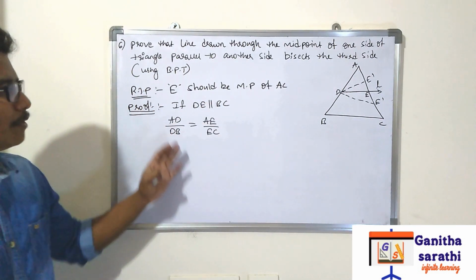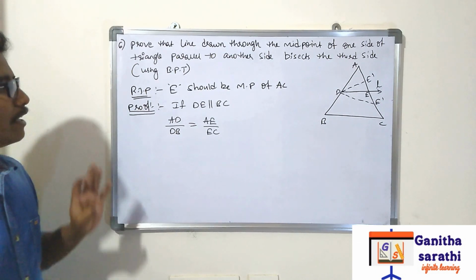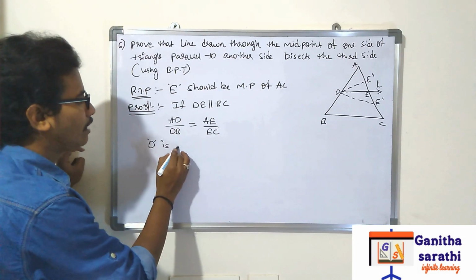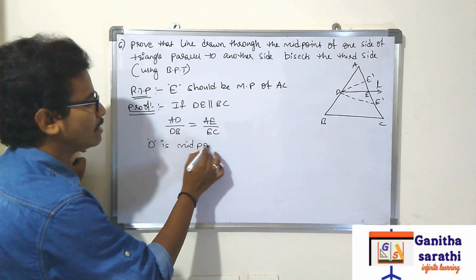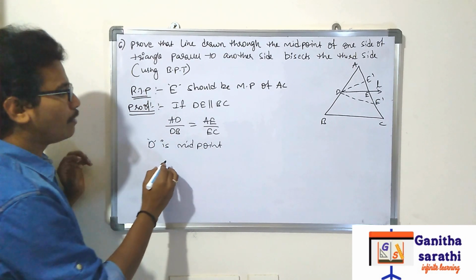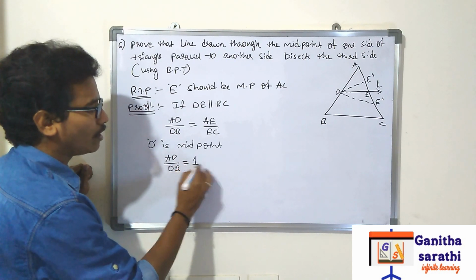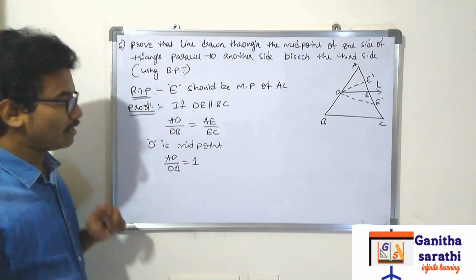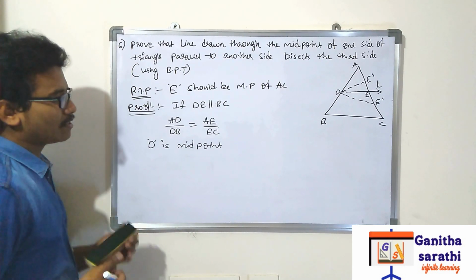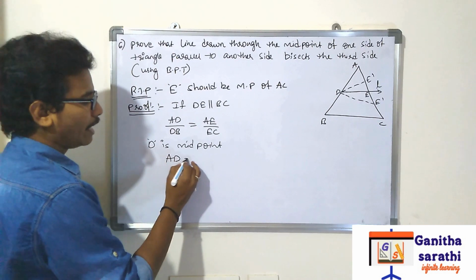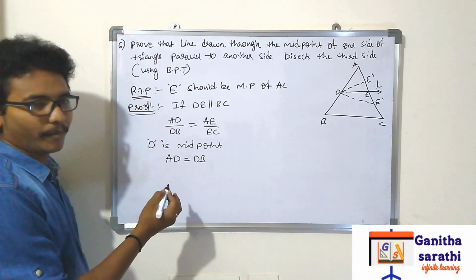AD by DB is equal to AE by EC. We all know that D is the midpoint. He is giving that on one side it is a midpoint. If D is the midpoint, can we write AD by DB is equal to 1? See here, if D is the midpoint, AD and DB are equal, right? AD is equal to DB, right?